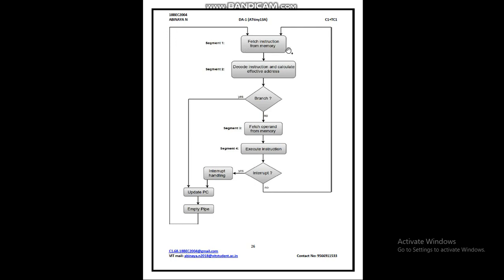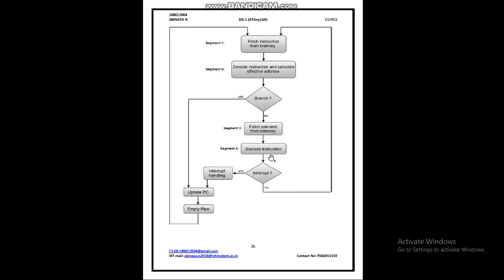First the instruction is fetched from the memory. After that it decodes the instruction and calculates the effective address. Then it comes to the branch. It can either go directly to the PC and then to the empty pipe, or, if there's a branch, it goes this way, and if there's no branch, it goes on to fetch the operand from the memory and execute the instruction.